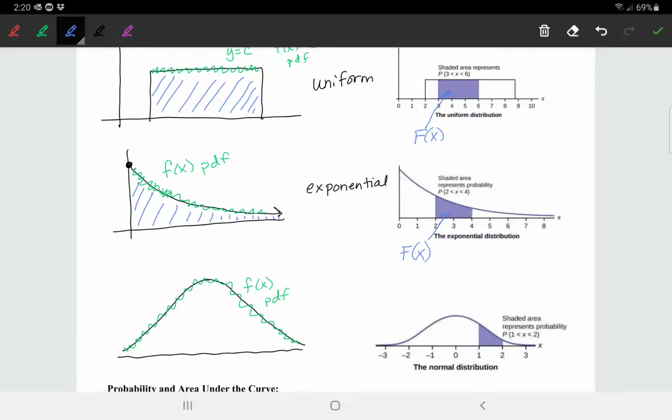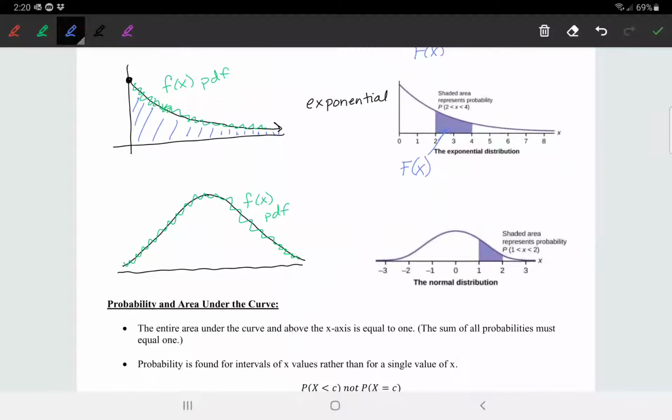To do that, we would calculate the area, and we would use a capital F of x. This capital F of x will be different from the uniform. And lastly, in the normal distribution, the area under the curve happens here. It also has its own capital F of x that will calculate the area.